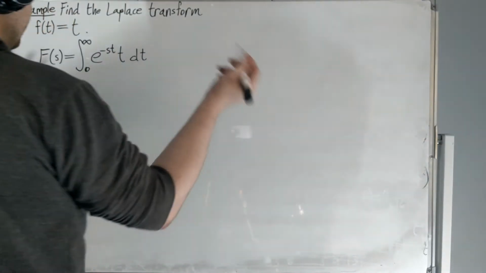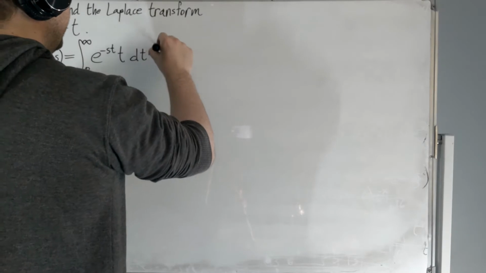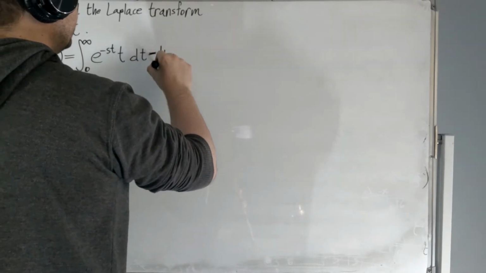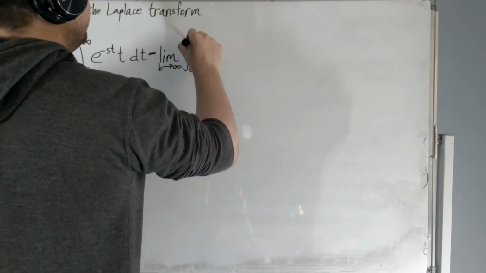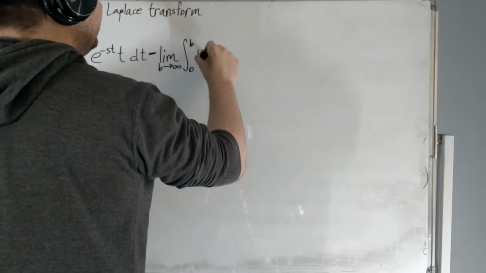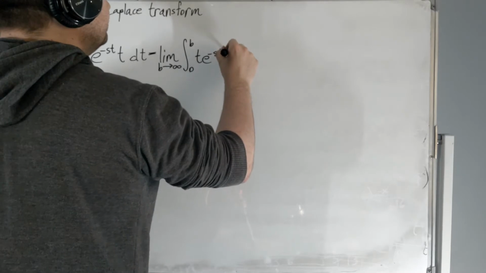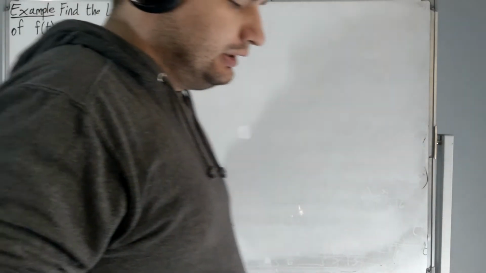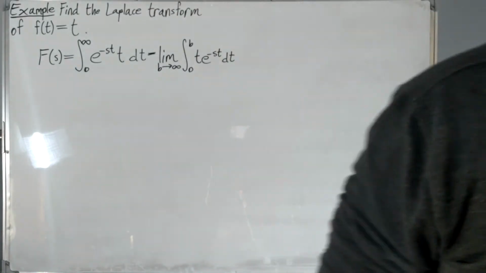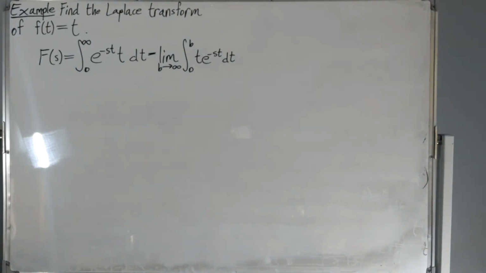So, again, by definition, the improper integral is a limit. The limit as b approaches infinity of the integral from 0 to b of t e to the negative st. So then we need to find the antiderivative of t e to the negative st. Well, if you remember, that is a quintessential integration by parts problem.